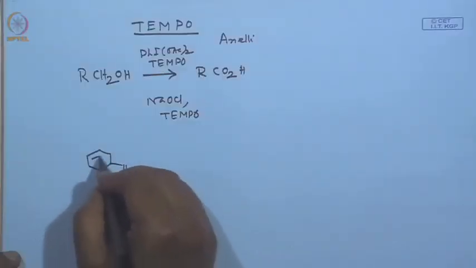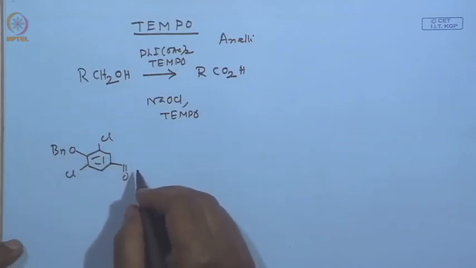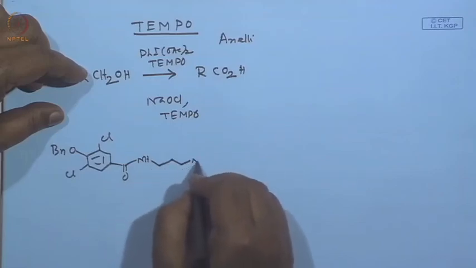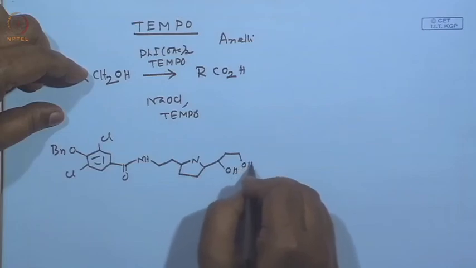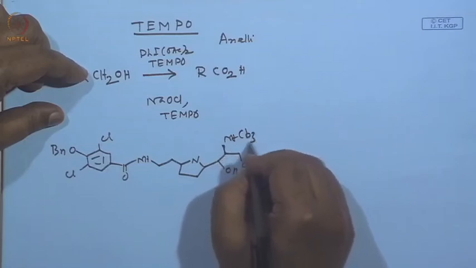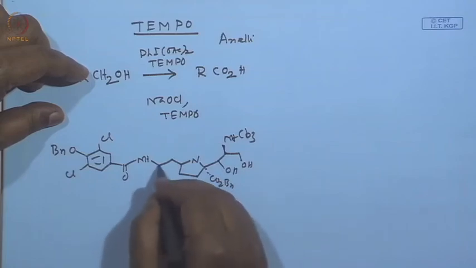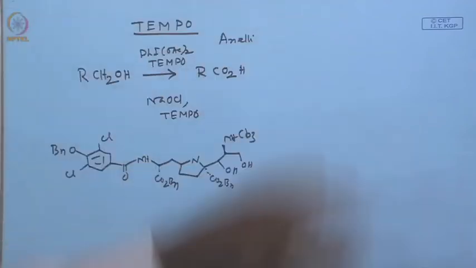You have a benzene ring, dichloro, a benzyl, and then an amide here, and then a pyrrolidine structure, a 1,3-diol, and then nitrogen here with a CBZ protecting group, and here a carboxylic protecting group. So you have so many functionalities.